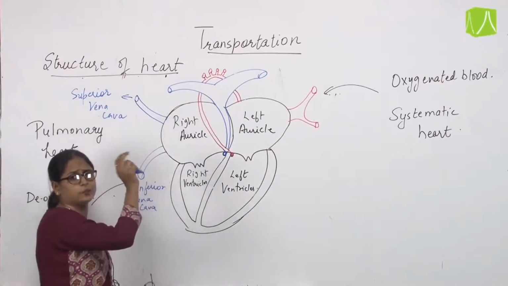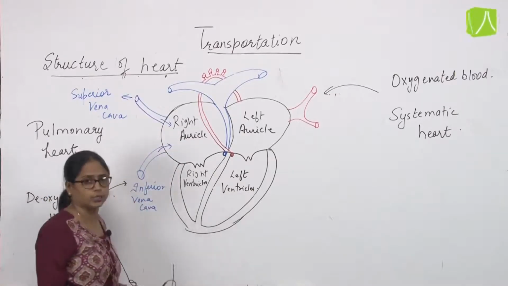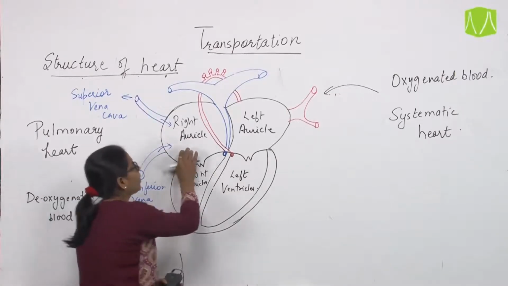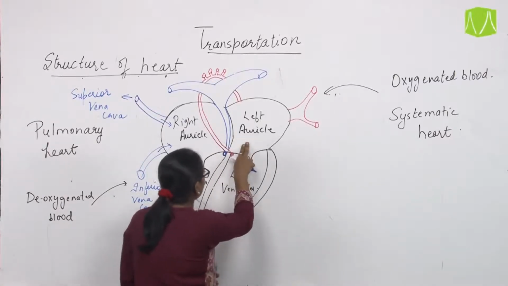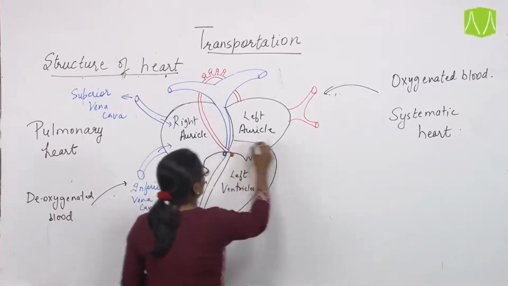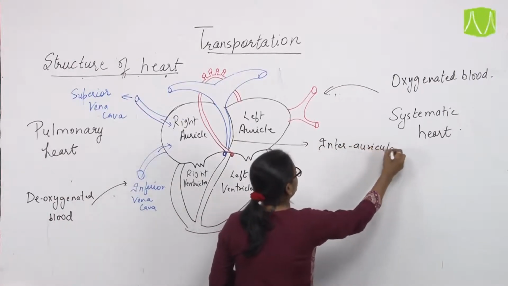Which type of blood is it pumping? Deoxygenated blood. It is pumping to the right auricle. Now, in between the right auricle and the left auricle, there is a septum known as the interauricular septum.